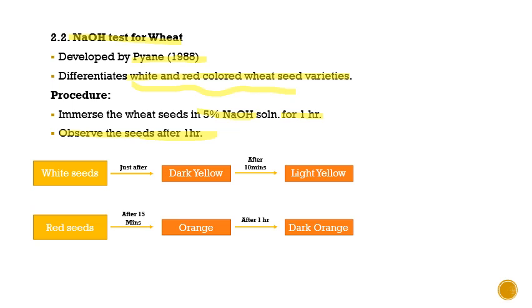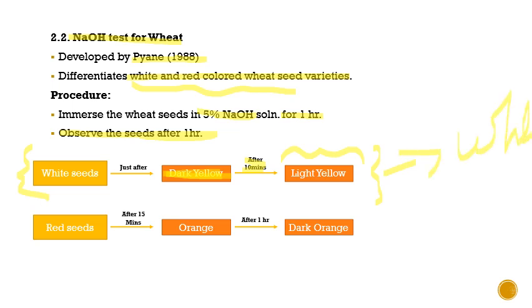If the seeds belong to the white seed category, just after soaking we can see a dark yellow formation, and as time passes, after about 10 minutes, we can see a light yellow color. Then we can confirm that these are white seed varieties.